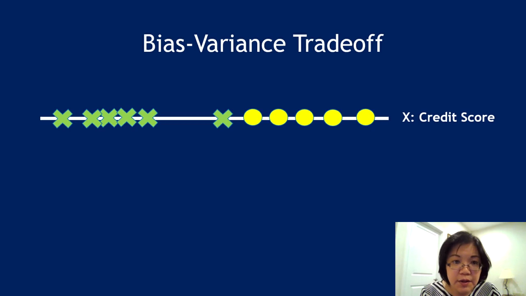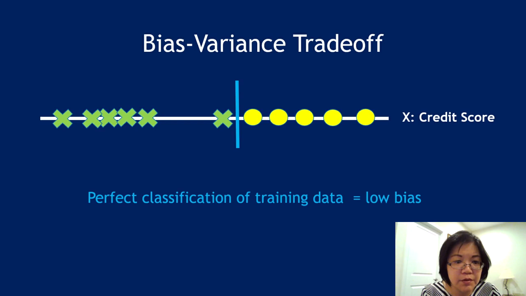So what we have talked about, what we have seen, is actually an example of the bias variance trade-off. In order to accommodate this outlier over here, we have a model that perfectly classifies the training data set.